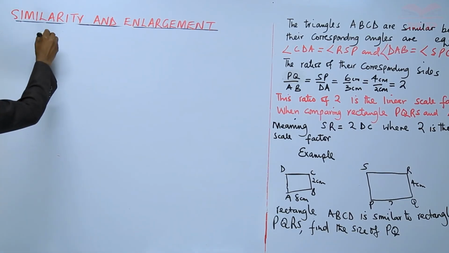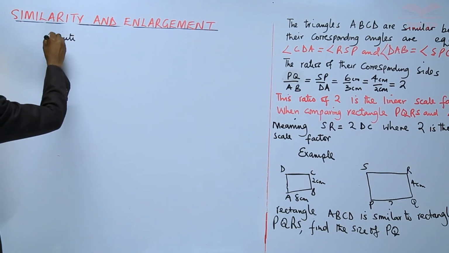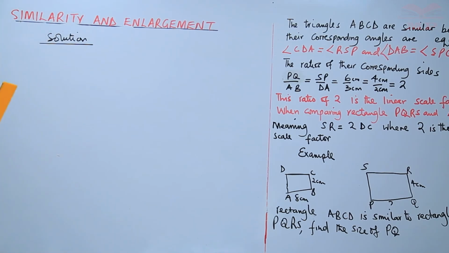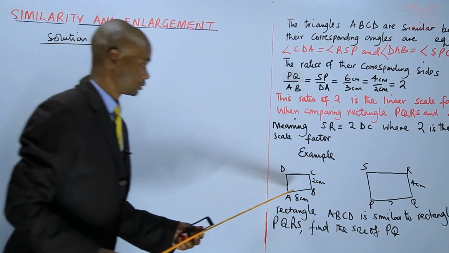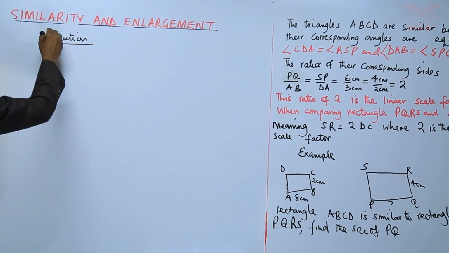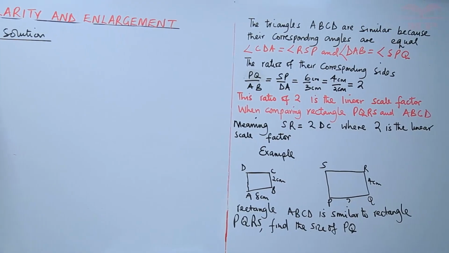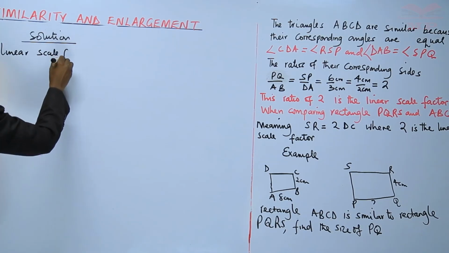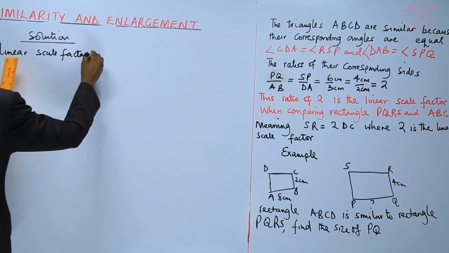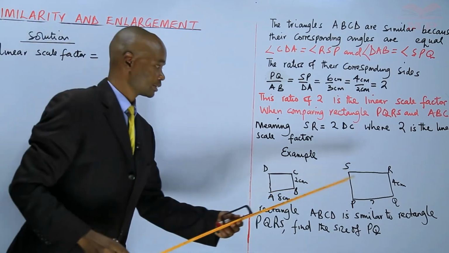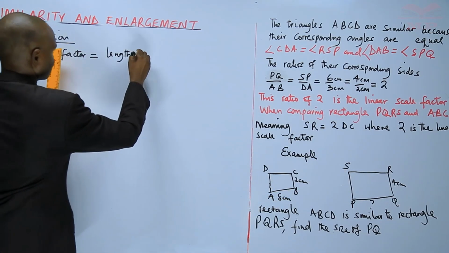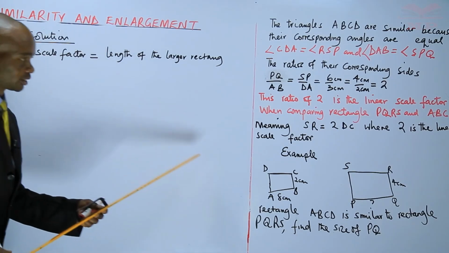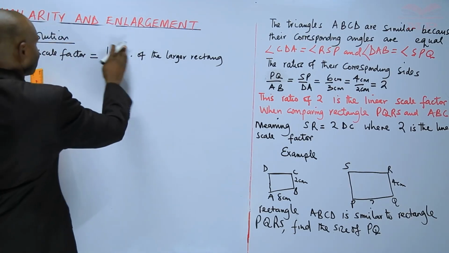In the solution, we know the linear scale factor will be equal to the length of the bigger over the smaller, or it'll depend on what you've been given and what is unknown. You can use even the width.